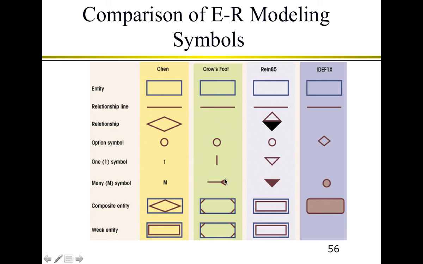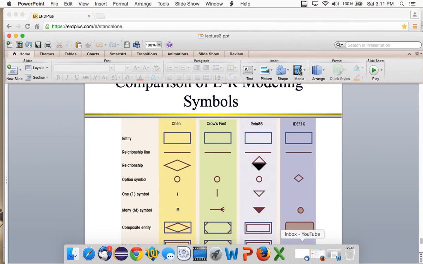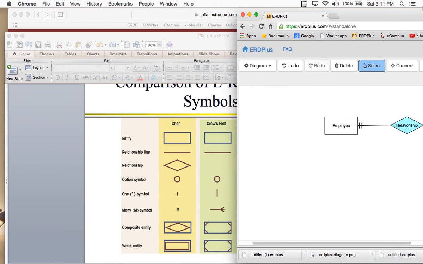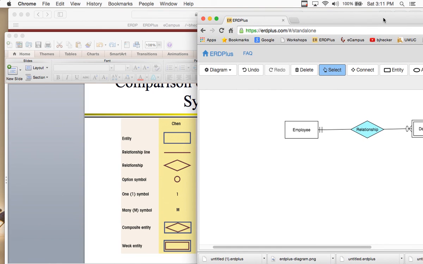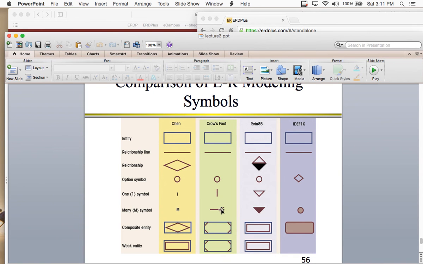So these are the different tool sets. Unfortunately, this one I found here is interesting. It's not using any one of them. It's actually using this one, but it's not using M for many. It's using the cross between the crow's foot and the chin.